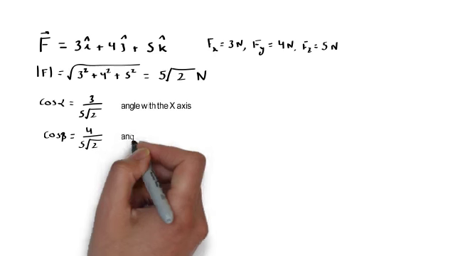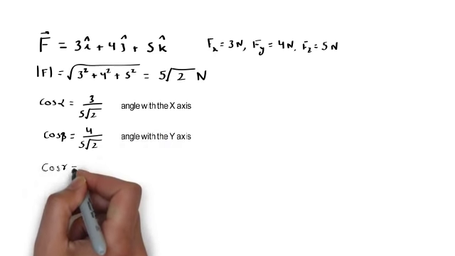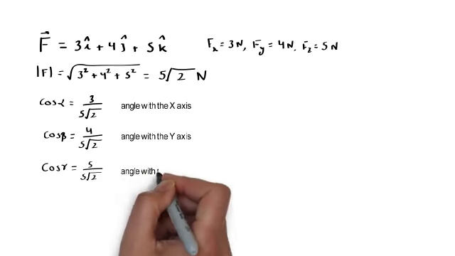Beta is the angle that this vector makes with the y-axis, and the angle with the z-axis will be given by cos gamma equal to 5 upon 5 root 2, where 5 is the component of the vector along the z direction and 5 root 2 is the magnitude of the vector. So gamma will be the angle with the z-axis.